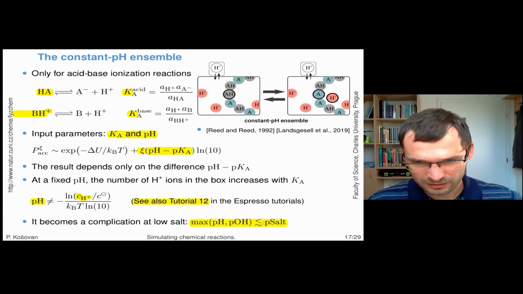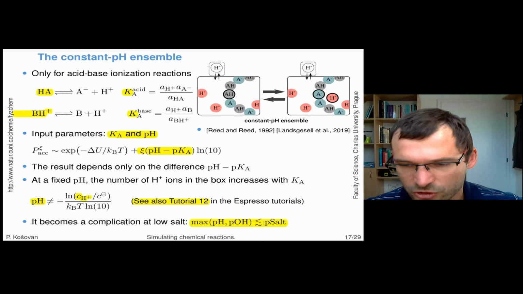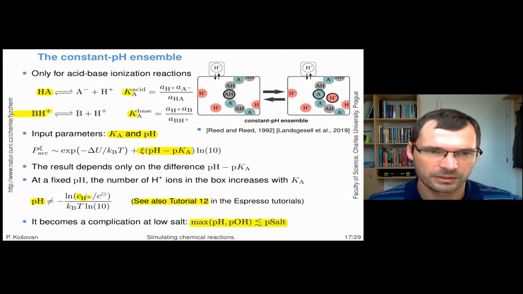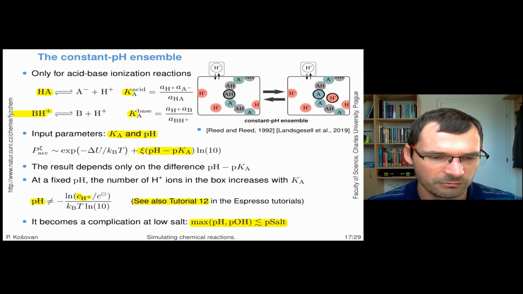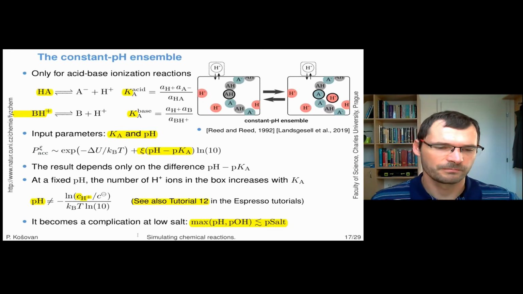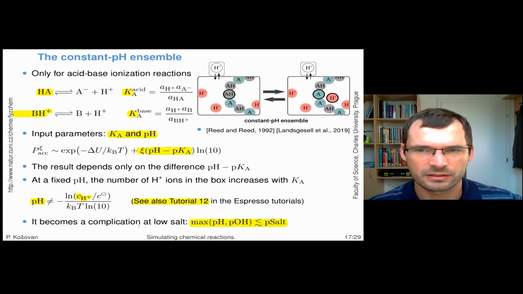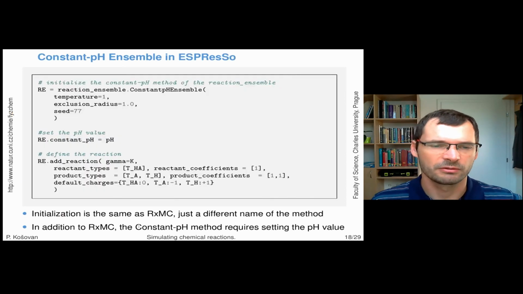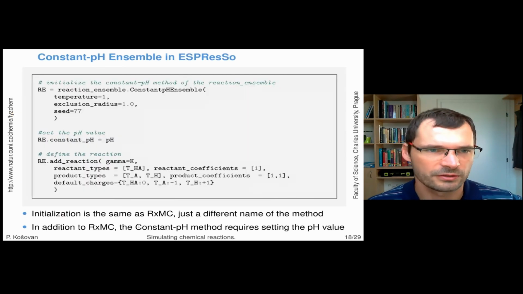This is the condition at which the constant pH ensemble starts to be problematic, because this inequality between pH and the number of H+ ions starts being observable in the simulation results.